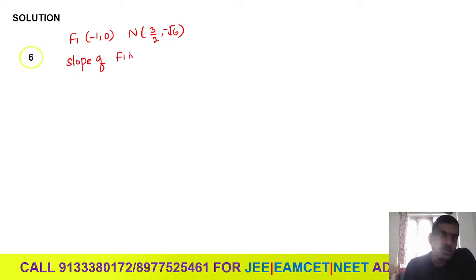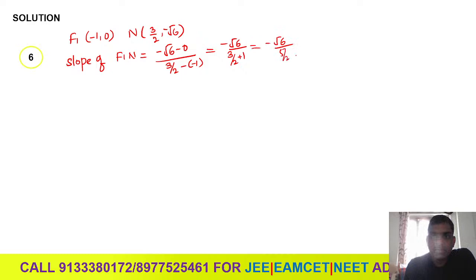Slope of F1N, y2 minus y1, minus root 6 minus 0, by x2 minus x1. This is minus root 6 divided by 3 over 2 plus 1, minus root 6 divided by 5 over 2. 2 times the square root of 6 divided by 5. Okay, this is the slope of F1N.